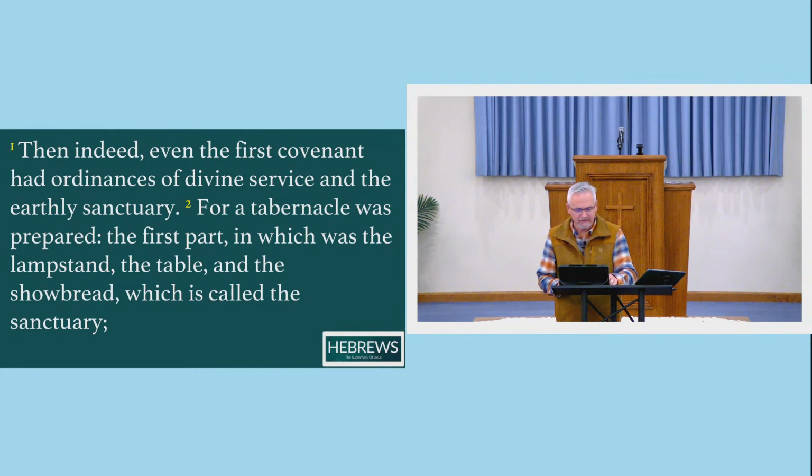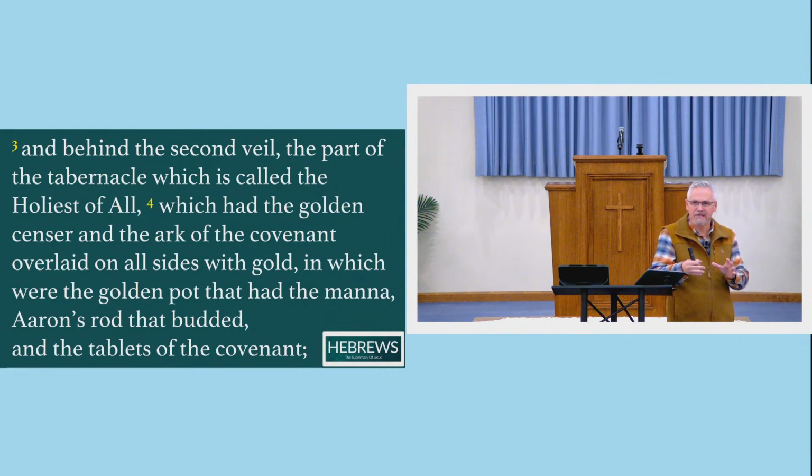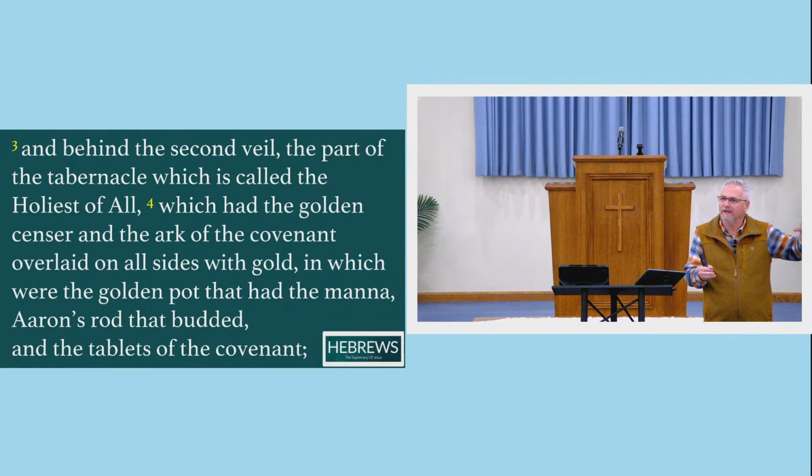Let me get to verse 3 and 4 together. Behind the second veil, the part of the tabernacle which is called the holiest of all. And so you had the first portion of it, and therein you had the table of showbread, the candlestick, the lampstand, and then you had the altar of incense, right?